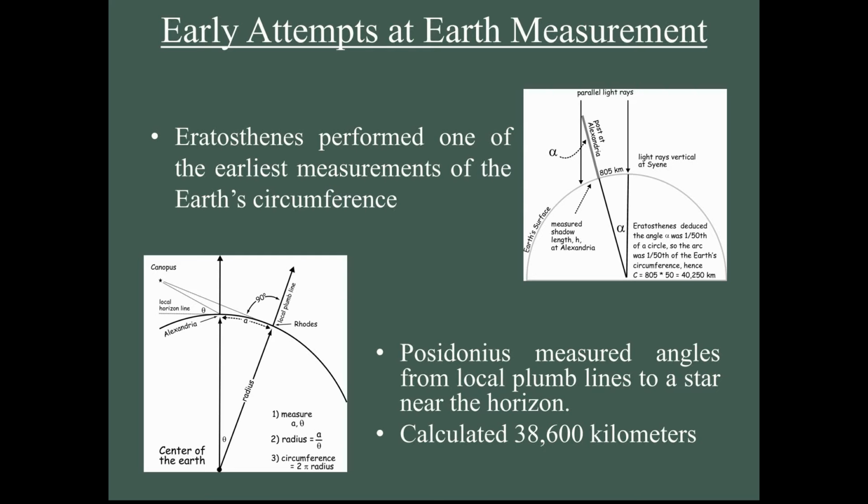Since he thought Rhodes was 5,000 stadia due north of Alexandria, and the difference in the star's elevation indicated the difference between the two locales was 1/48th of the circle, he multiplied 5,000 by 48 to arrive at a figure of 240,000 stadia for the circumference of the Earth.